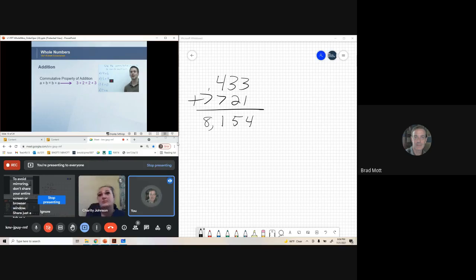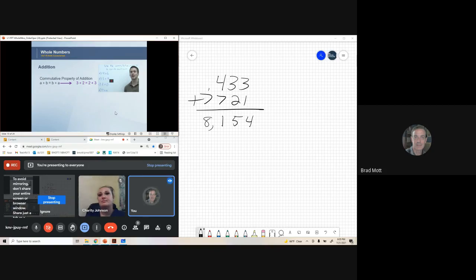So when you're talking about the commutative property of addition, that means that basically you can rearrange any of the terms in an equation and get the same answer as long as you don't have any parentheses involved. So I think commutative, you're commuting, you're moving.